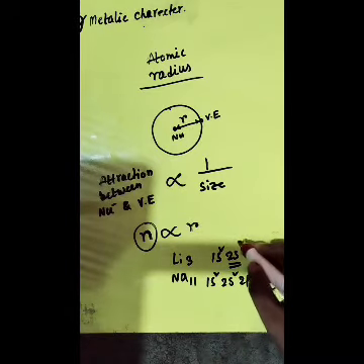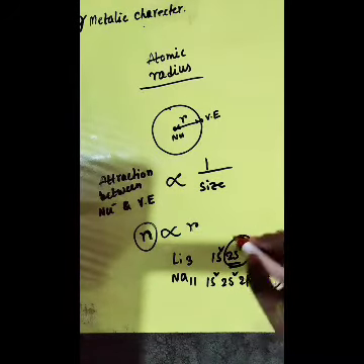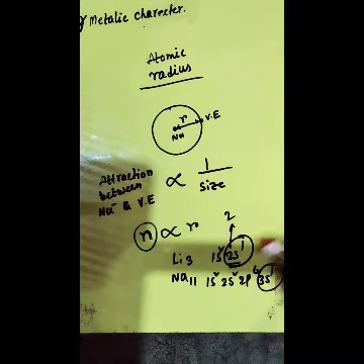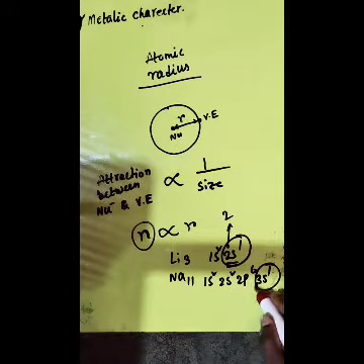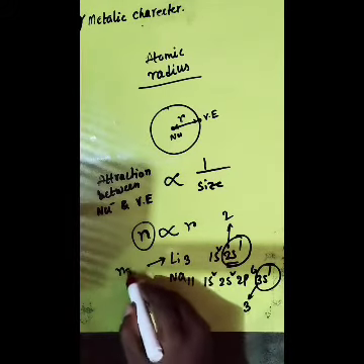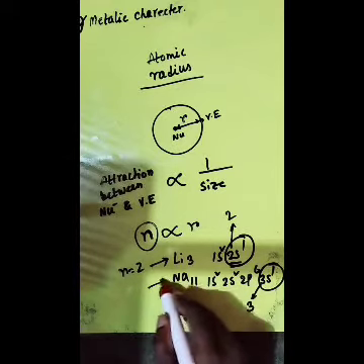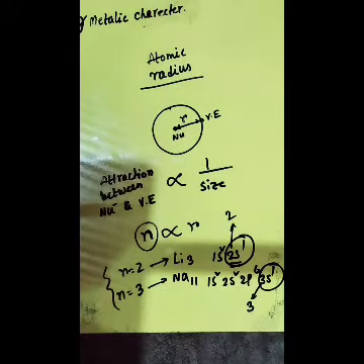If you notice, the principal quantum number of lithium is 2, whereas for sodium the principal quantum number is 3 for the valence electron.